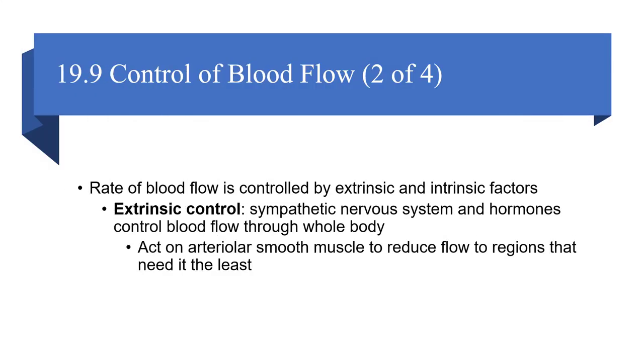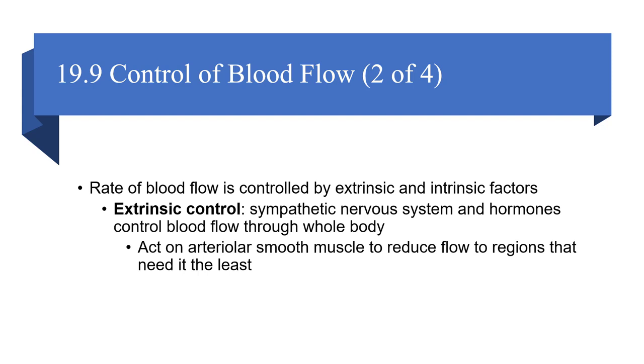So the rate of flow is controlled by two factors, and these are your extrinsic as well as intrinsic factors. The extrinsic factors involve the sympathetic nervous system and hormone control, and these factors control blood flow through the whole body.